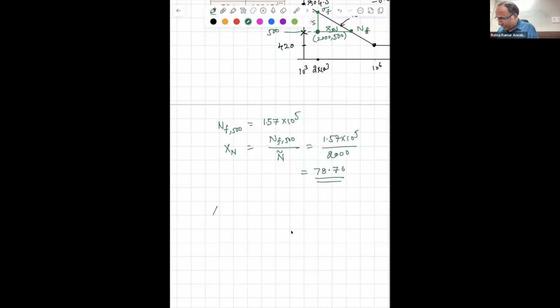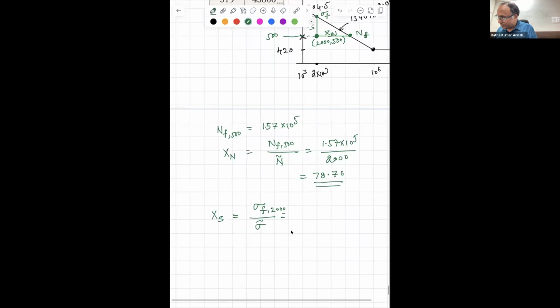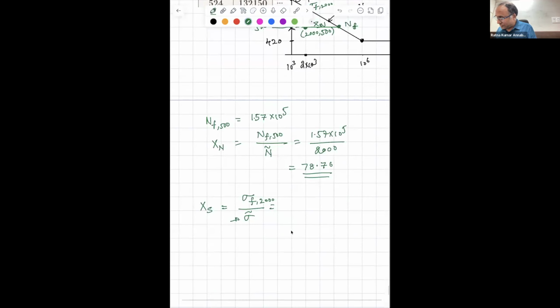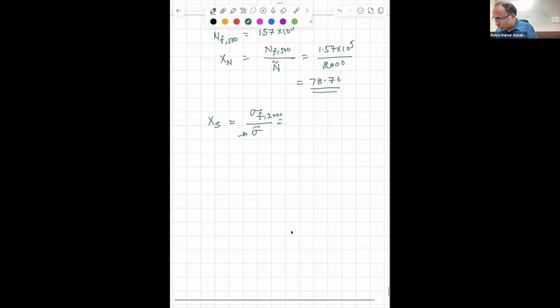Now, factor of safety in stress will be sigma F at 2000 cycles divided by the applied stress, sigma tilde. Correct? So how do I find out sigma F at 2000 cycles?